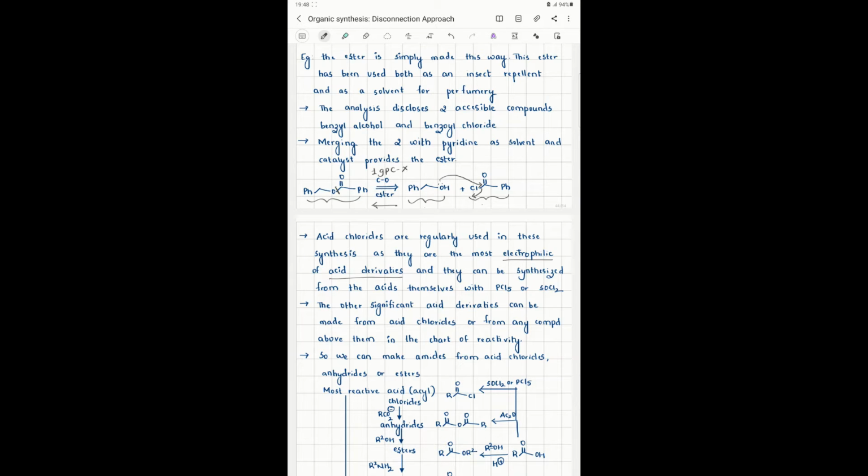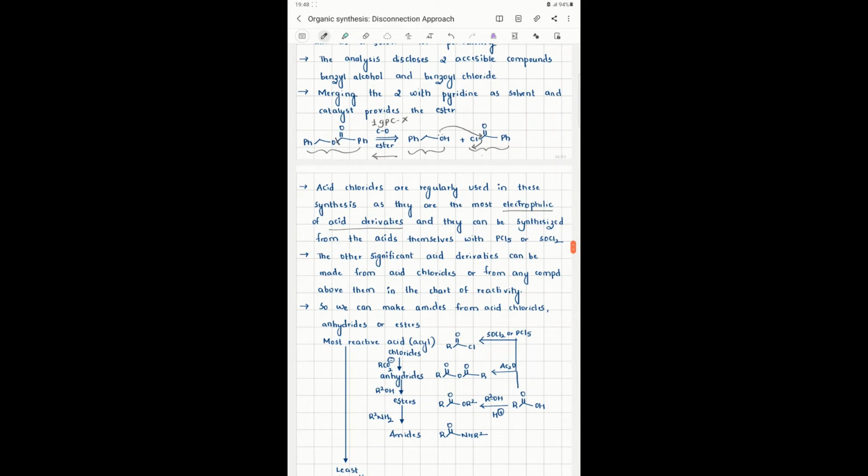So acid chlorides can be synthesized when acids react with PCl5 or thionyl chloride. This can be seen as an example when RCOOH, that is an acid, reacts with PCl5 or thionyl chloride, it gives me an acid chloride. So this is how acid chlorides can be synthesized.